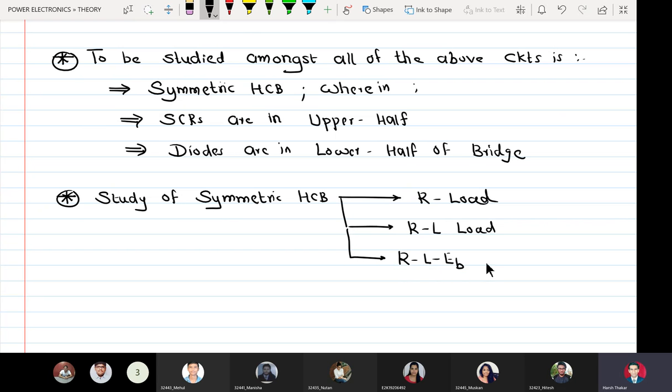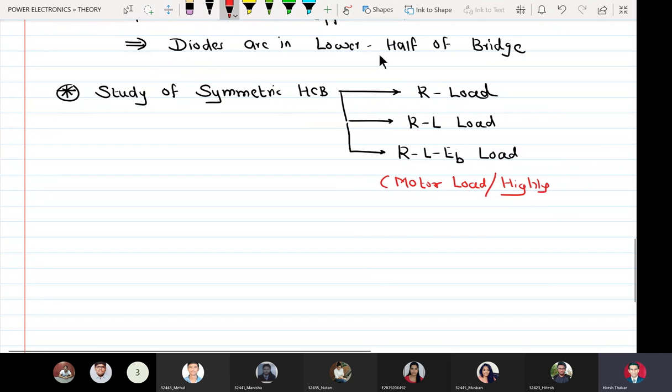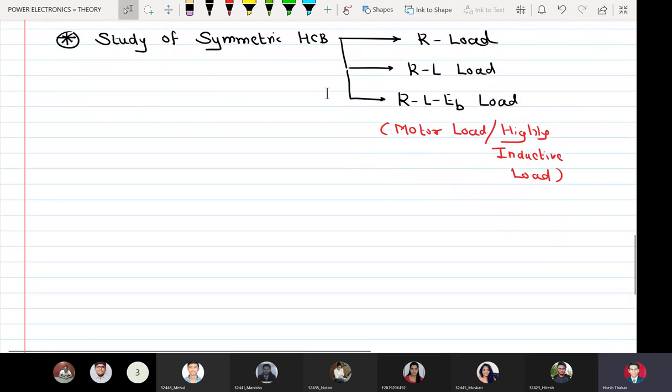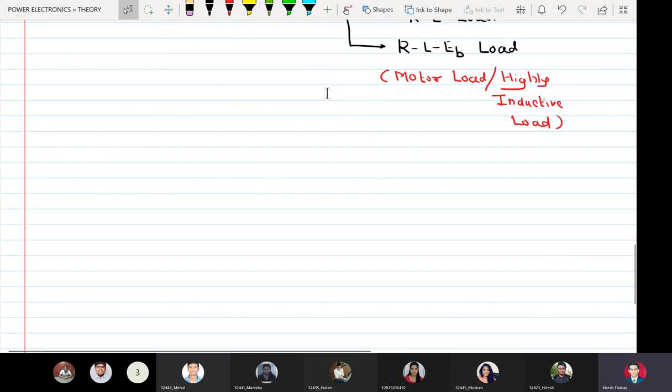RLEB load, also known as motor load, or highly inductive load. So starting with the symmetric half control bridge for R load, it's very simple.